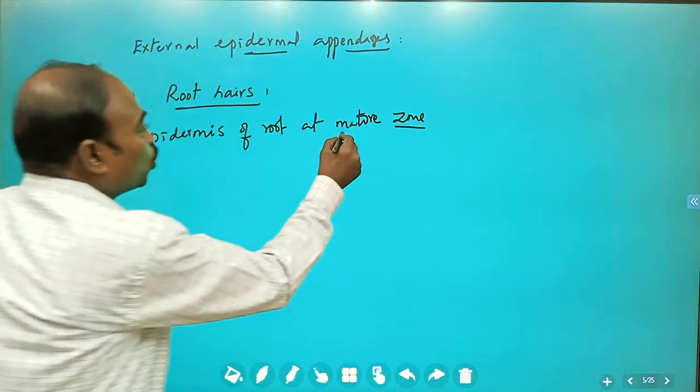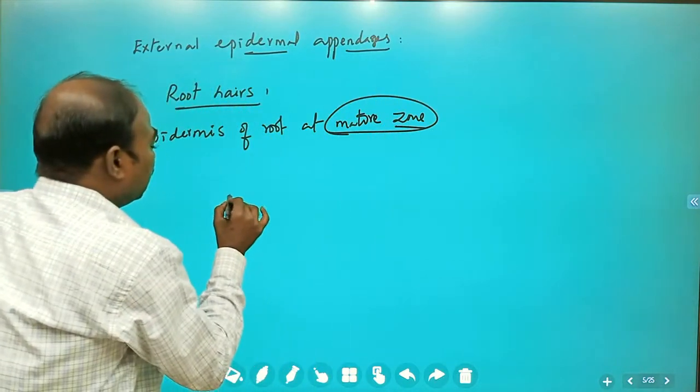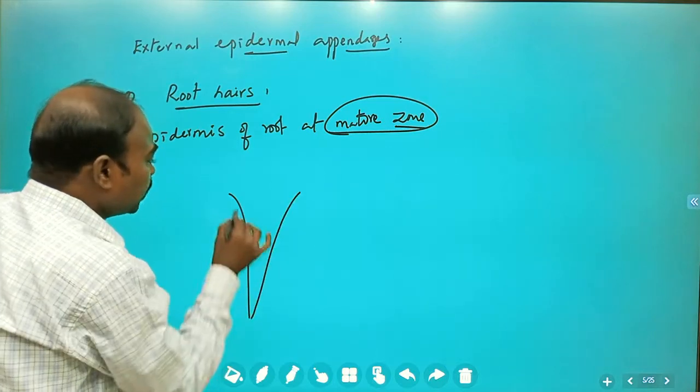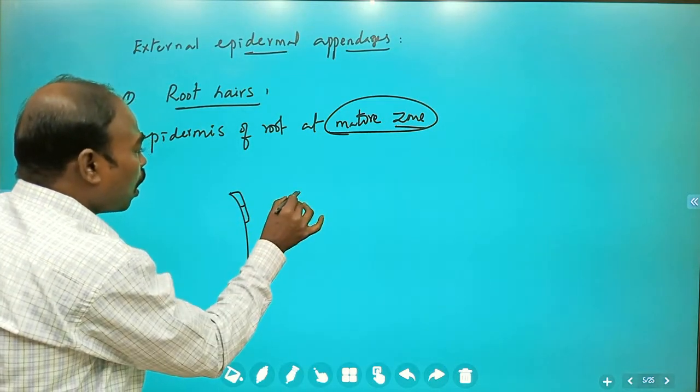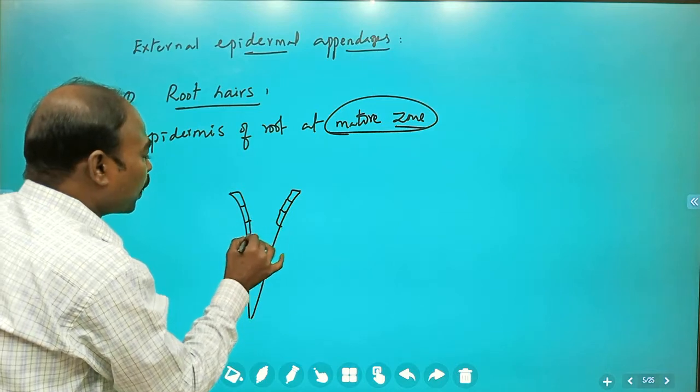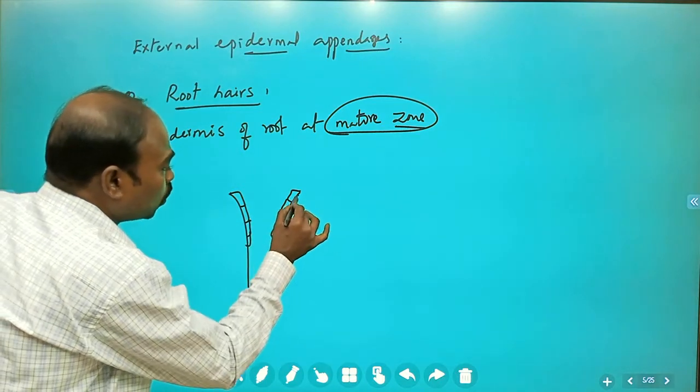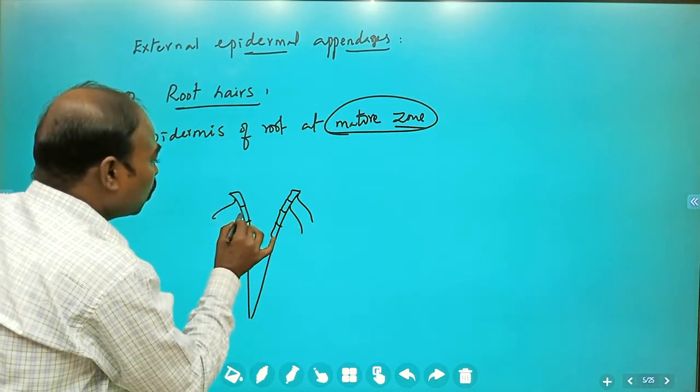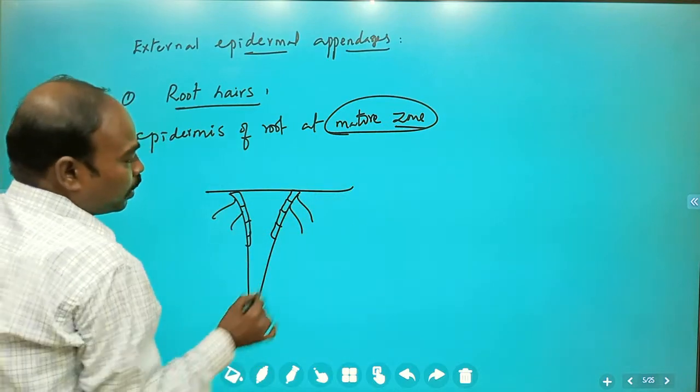So at maturation zone, a number of unicellular outgrowths are formed. These unicellular outgrowths are called root hairs, right?